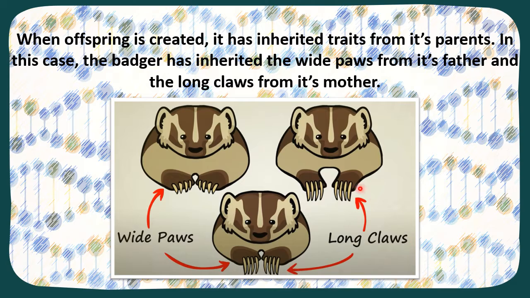Now the mother has long claws, and long claws are then inherited by the child. So the child looks the same in the face as the mother and the father, but actually it's got the fat paws from the dad and the long claws from the mum. So a brand new little badger that doesn't actually look like either of them because it's taken parts from both.